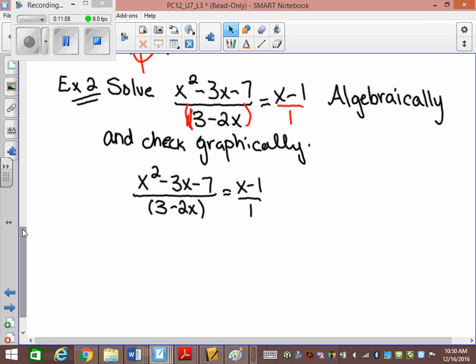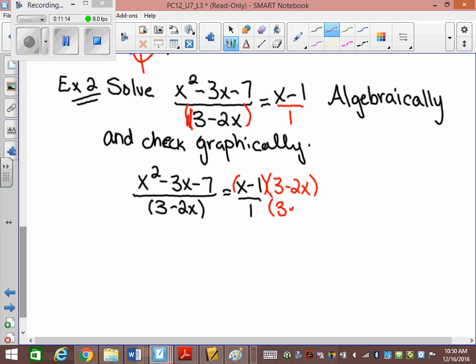And then I'm going to have to times this side by 3 minus 2x. Now, before I cancel off the denominators that are the same, remember I have to state non-permissible values.